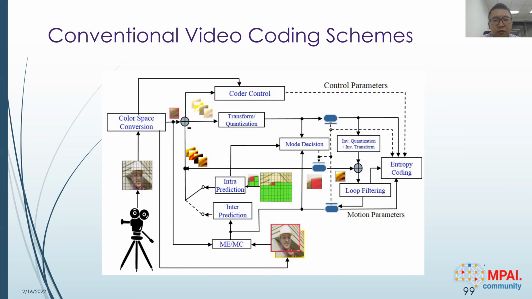What needs to be transmitted is the bit stream encoded by the entropy coding. Some additional control parameters are also needed to be signaled in the bit stream. So that's all about the conventional video coding schemes.